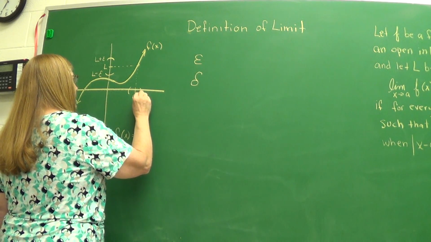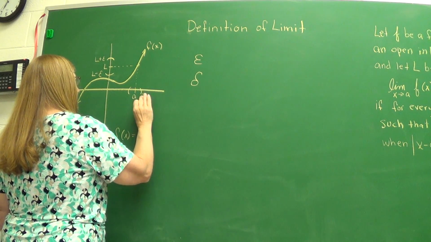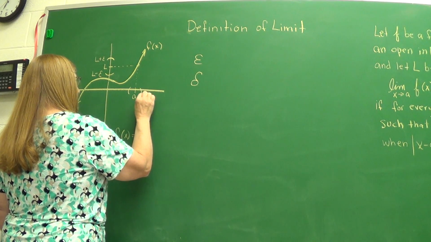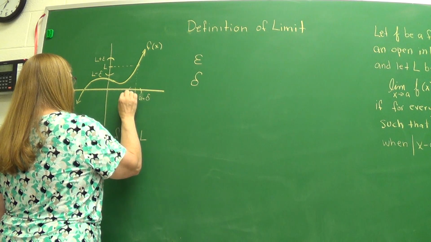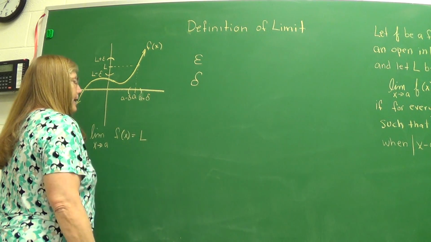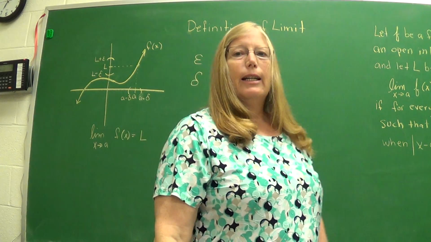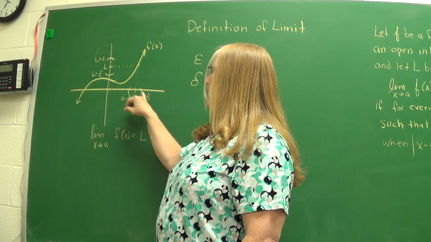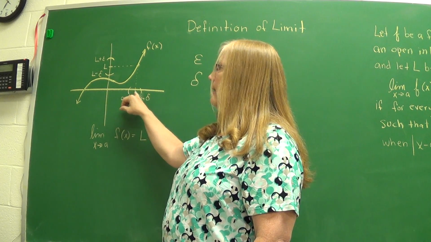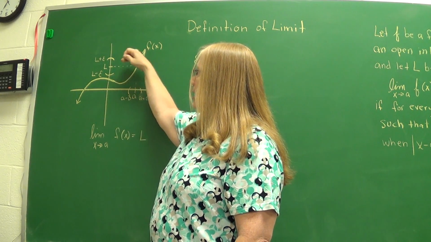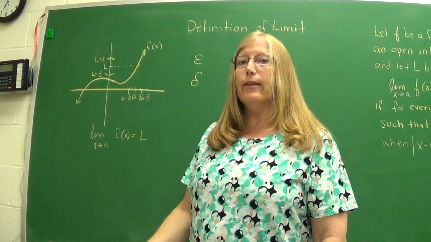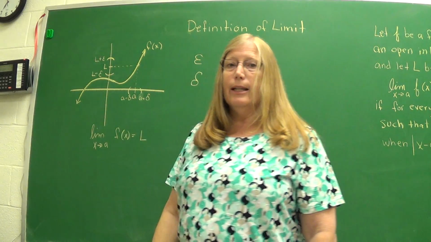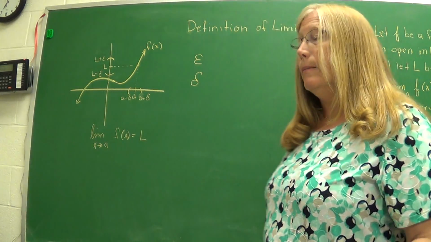This is A plus delta, and this is A minus delta. And if I can establish a delta, a rule for delta, so that whatever values of x are in this interval, it will guarantee that the values for f are in this interval, then I have found the limit L.